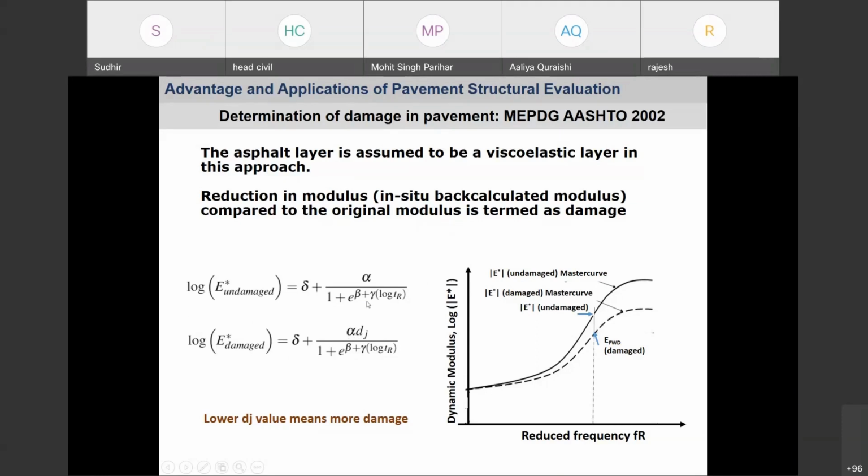So this dj will be introduced in this sigmoid equation as a product with alpha. Okay, so you can see here alpha has been multiplied with dj, and now the dynamic modulus master curve is my master curve for the damage case. Okay, so from here basically you can also obtain the damaged dynamic modulus master curve.